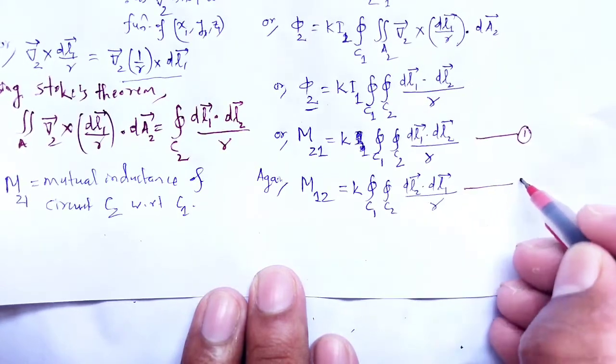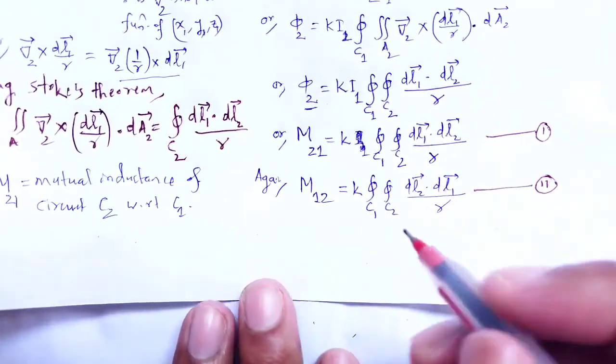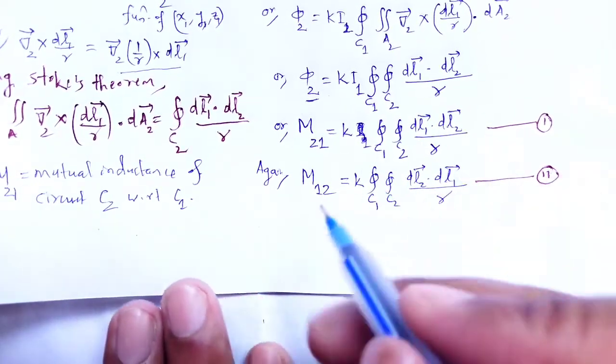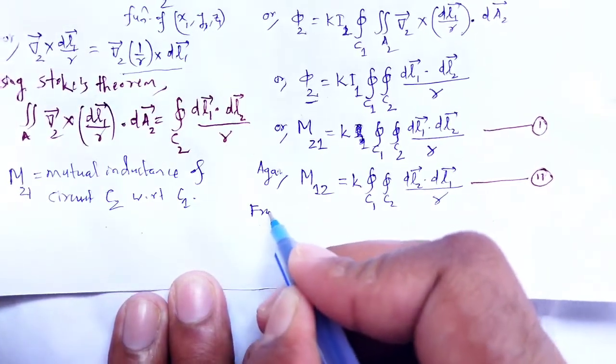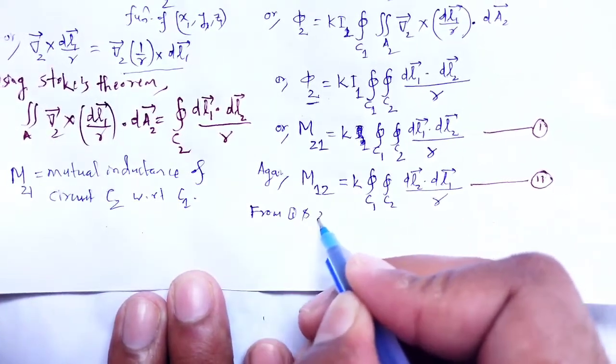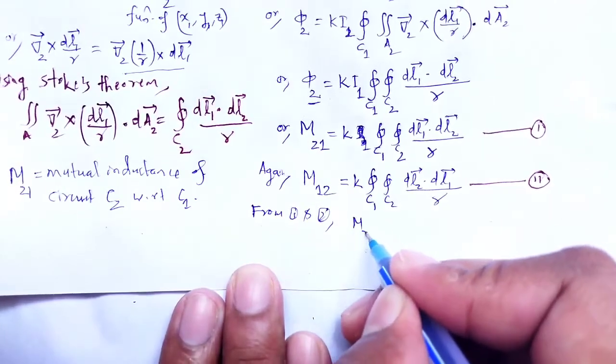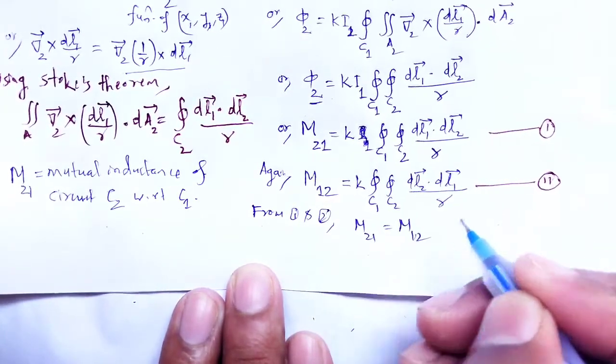From equation 1 and equation 2, M21 is equal to M12.